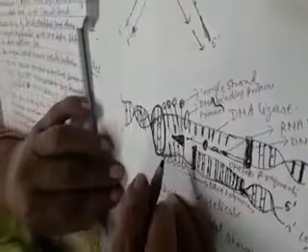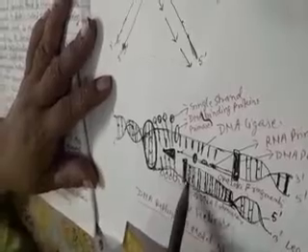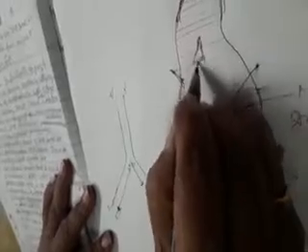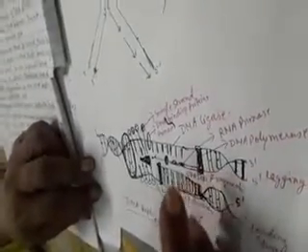This is the helicase enzyme. It unwinds the DNA strand, that is, separates the two strands like this. Here the helicase is present, and this helicase separates the two strands from one point to form the replication fork, or this structure is known as the replication fork.